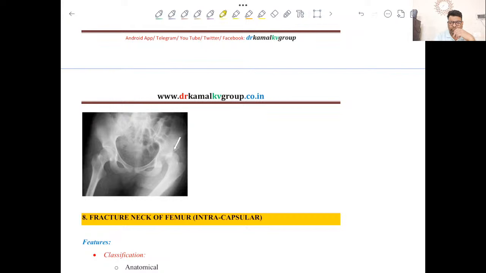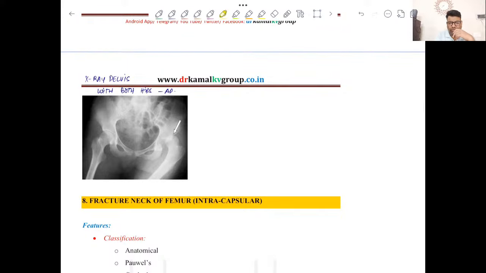So what we say is X-ray pelvis with both hips, right? Of course this one is an AP view. So we are including the normal side as well, and that helps us in comparison, right? So if you see, this side is normal and this side is the injured side.